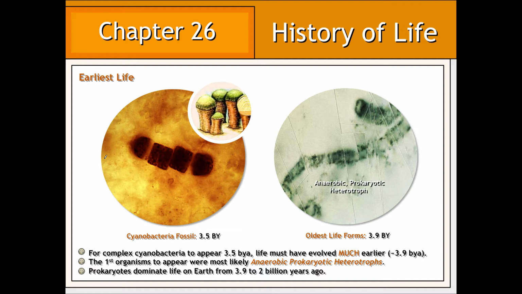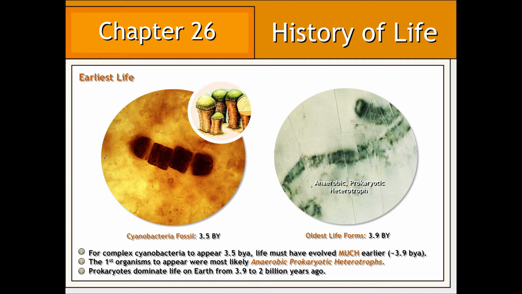Judging from the complexity of these cyanobacterial fossils found in stromatolites, we can safely assume that life must have evolved much earlier than 3.5 billion years ago. Most likely, the first life forms may have evolved as early as 3.9 billion years ago.